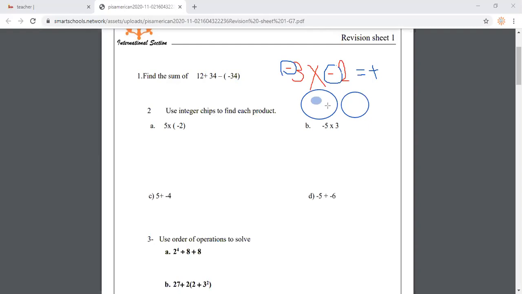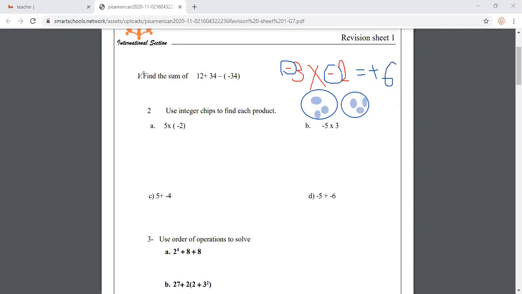Exactly, 3. And in the other one I have 1, 2, 3. And the answer by the end will be equal to positive 6.